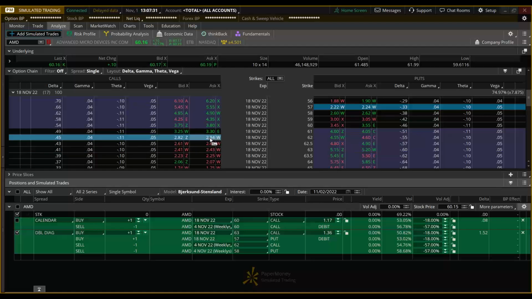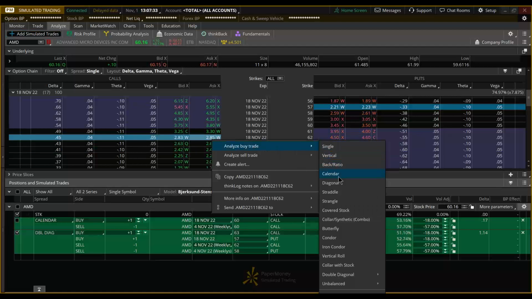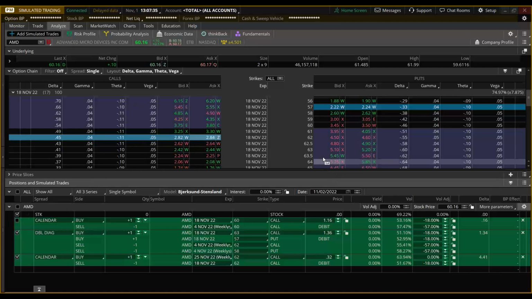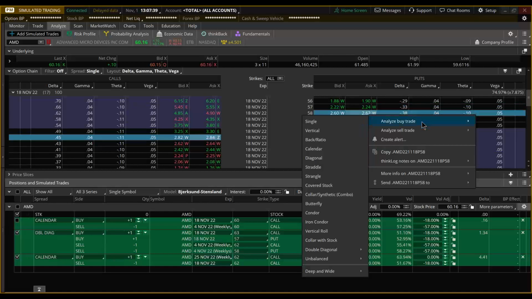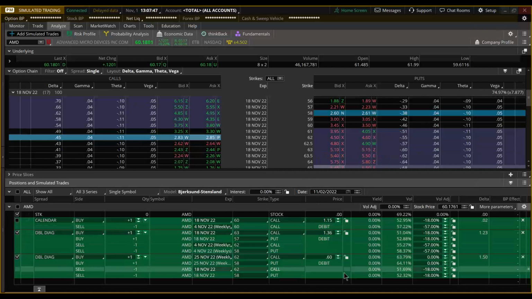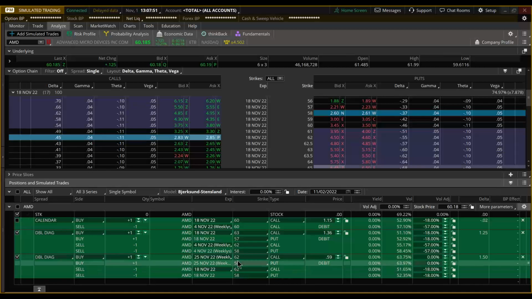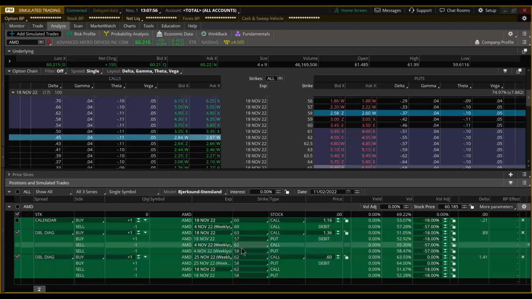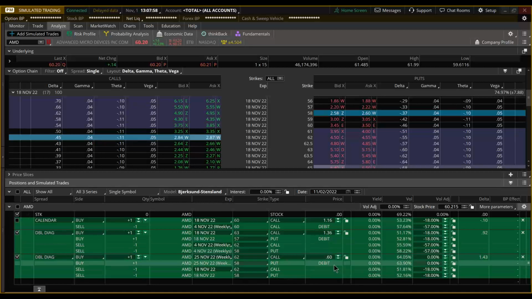So let's buy this call calendar, and let's also at the same time buy, holding my control key down so this all goes in as one trade. 62.58.